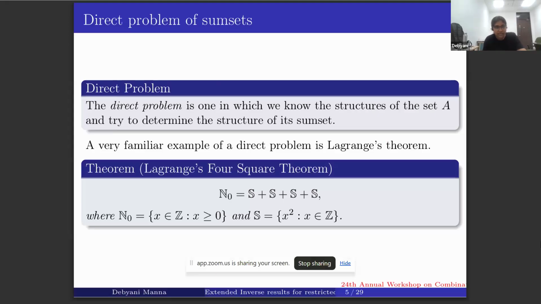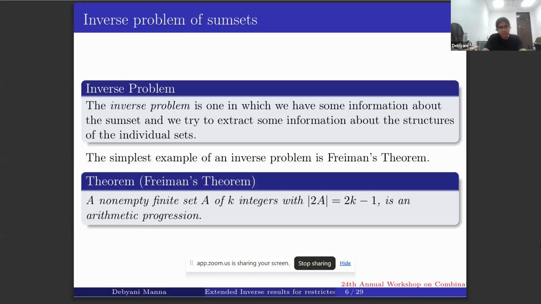Now, what are the direct problem and the inverse problem? The direct problem is one where we know the structure of the set A and try to determine the structure of the sumset. One very well-known example of a direct problem is Lagrange's four square theorem, where any non-negative integer can be written as the sum of four squares. And what about the inverse problem?